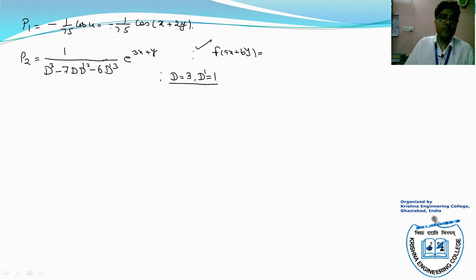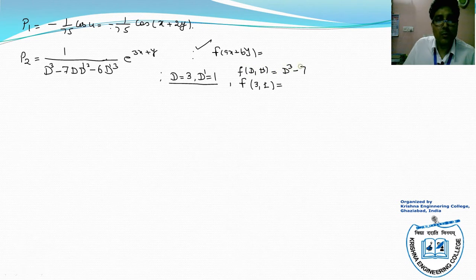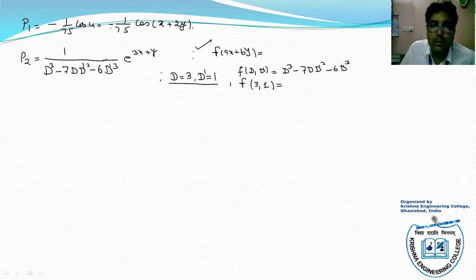Then check the calculation, f of 3 comma 1, that means f of D comma D dash is equal to D cubed minus 7 D D dash squared minus 6 D dash cubed.